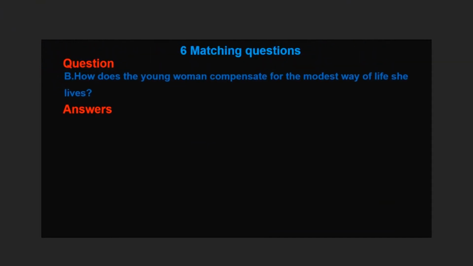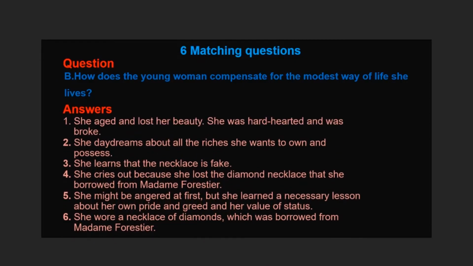This is your second question. How does the young woman compensate for the modest way of life she lives? Select the matching answer.